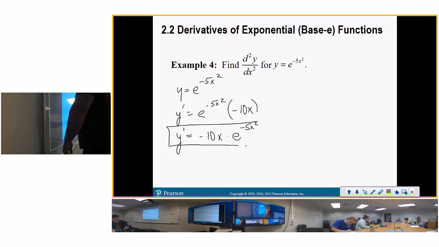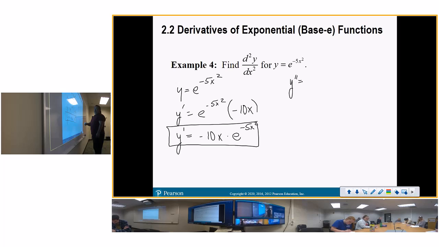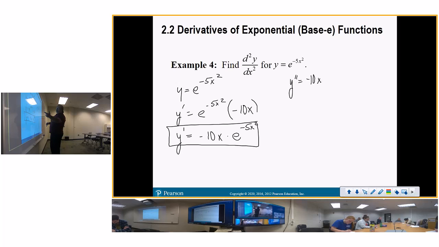That's your first derivative. Second derivative is going to be y double prime, and that's going to be first times the derivative of the second. We've already taken the derivative of the second right here, so that's going to be e to the negative 5x squared times negative 10x, plus the second, negative 10x, times the derivative of the first.